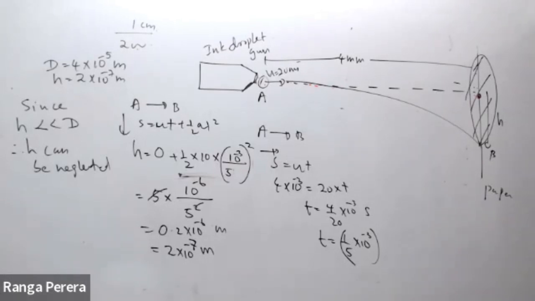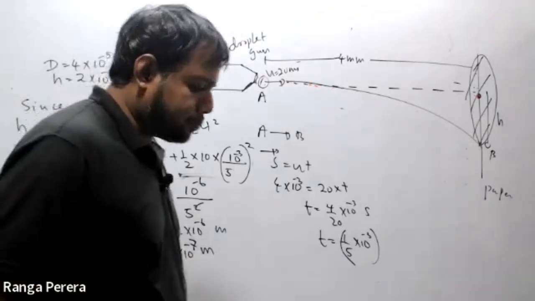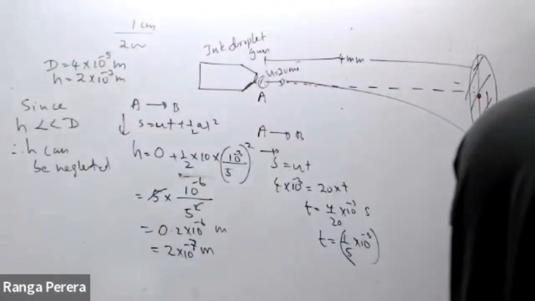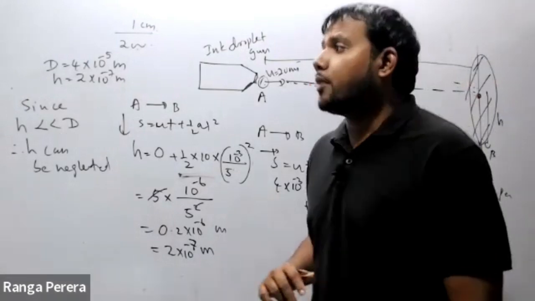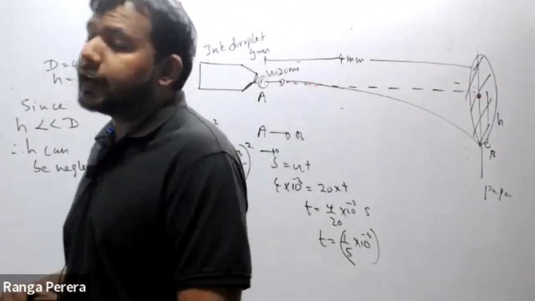Therefore, the effect of gravity on the position of the droplet is negligible.